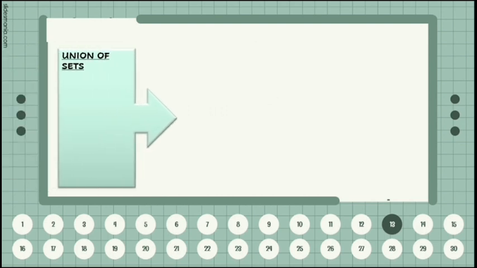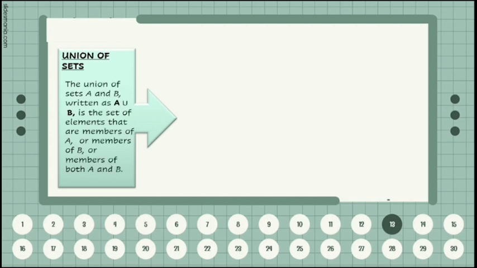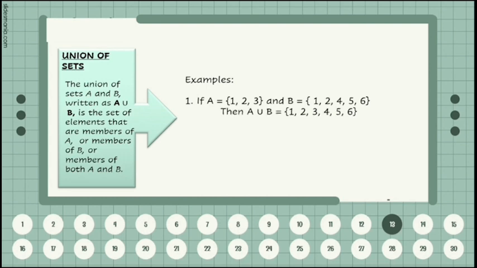Union of sets is the set of elements that are members of A or members of B or members of both A and B. Example here, if A equals {1, 2, 3} and B equals {1, 2, 4, 5, 6}, then the union of A and B equals {1, 2, 3, 4, 5, 6}. In other words, union of sets is the combination of set A and B.